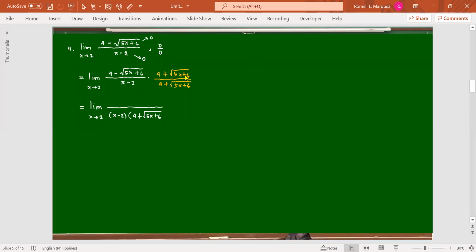A minus b, a plus b. What's the product? Square of the first minus square of the second. So that is 5x plus 6, no? You enclose it in parentheses because this is preceded by negative. Okay? Guys, am I correct, children? Any question, guys?